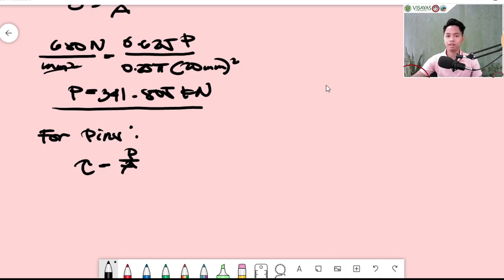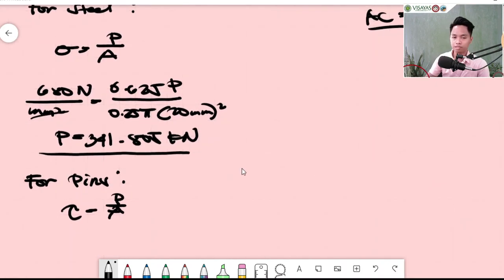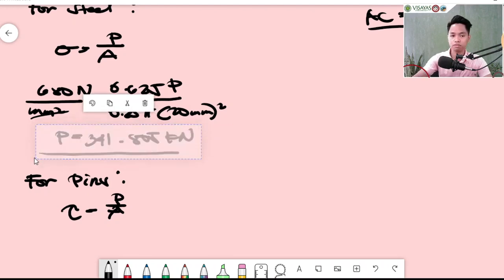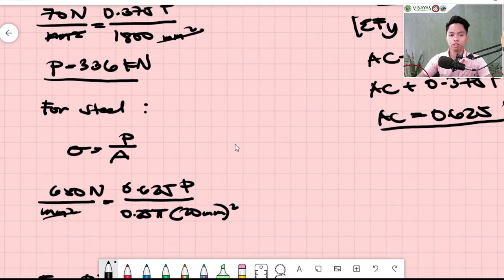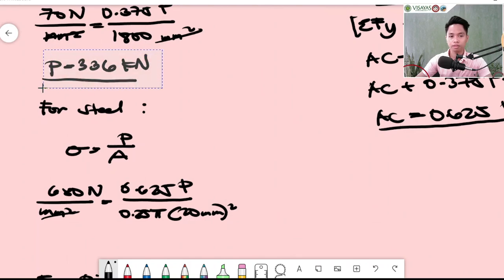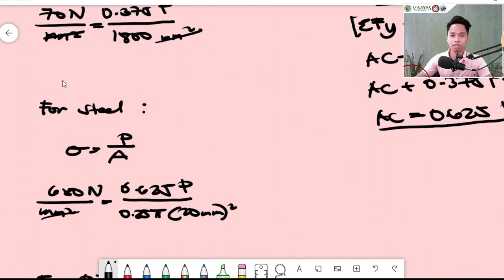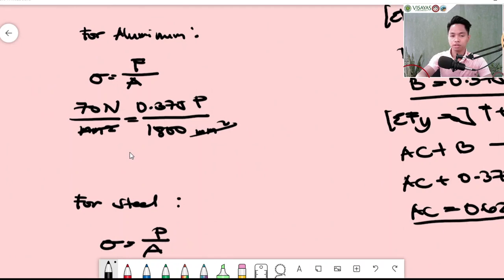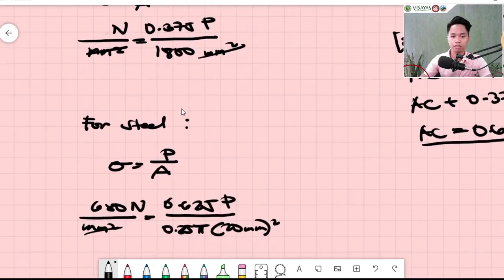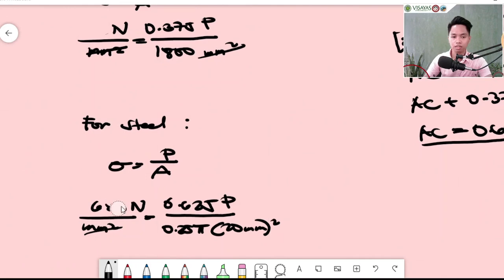We have listed the factor of safety, so we are not going to use the failure stress. We should use the allowable, because we have the factor of safety. So therefore, this is wrong. I will remove it. The same also here, so delete this 680.